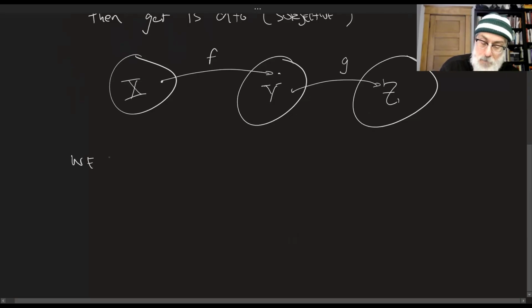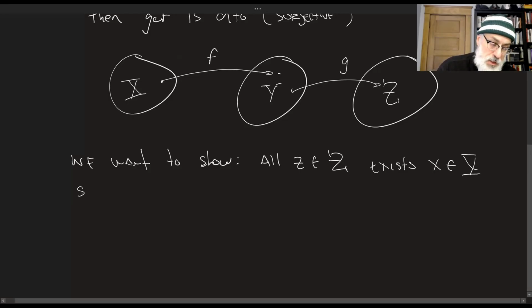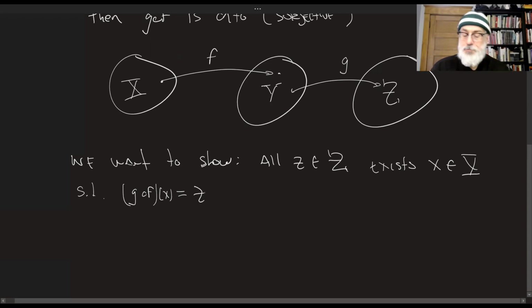So we want to show that for all z in the set Z, there exists an x in X such that g of f of x is equal to z. z, the element, not the set.